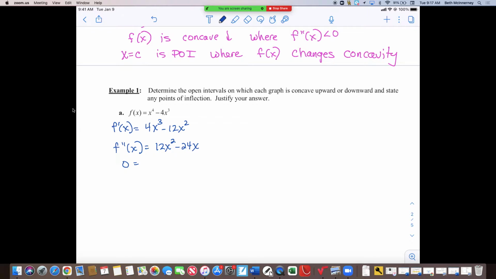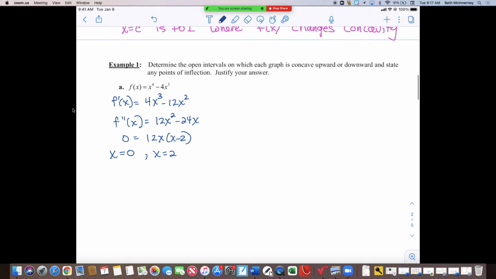So I'm going to set that equal to 0. So then I'm getting x is 0 and x is 2. Right now, these are my possible points of inflection. I don't know until I do that sign chart. So I don't want to call them points of inflection yet.